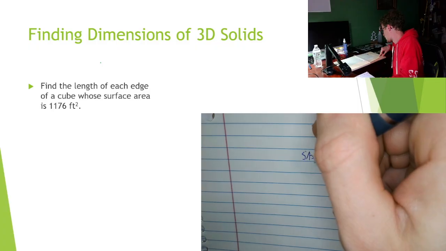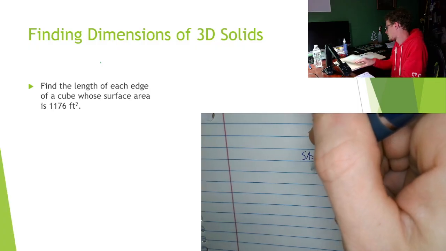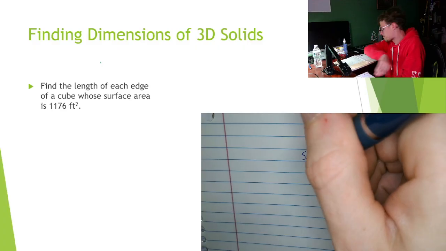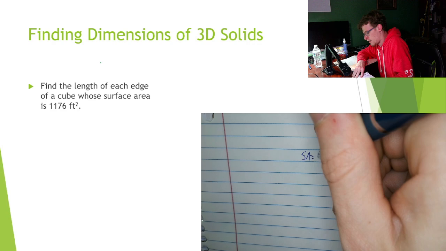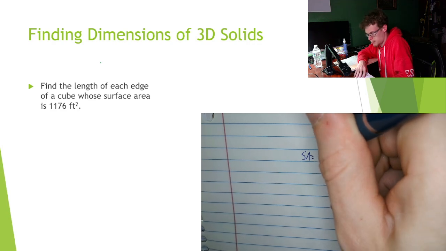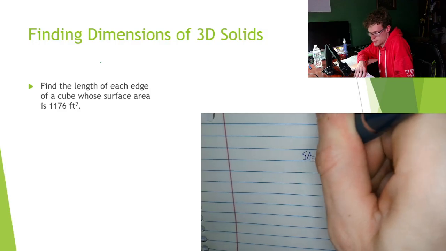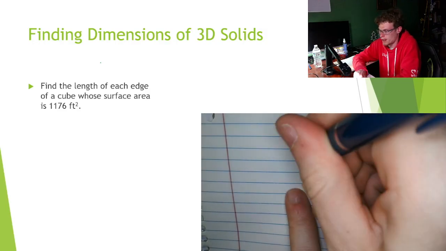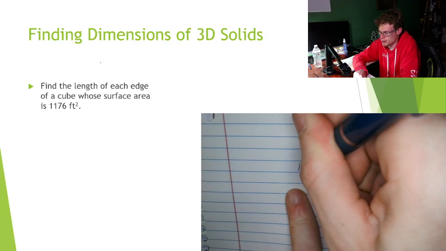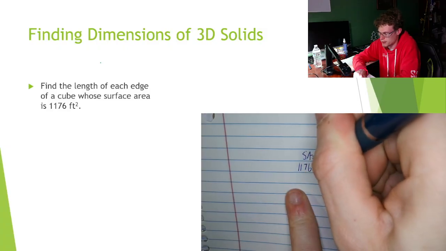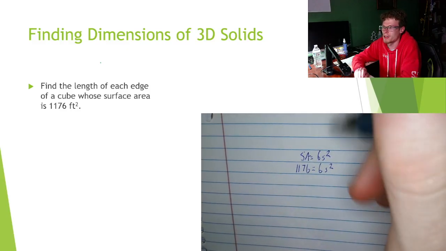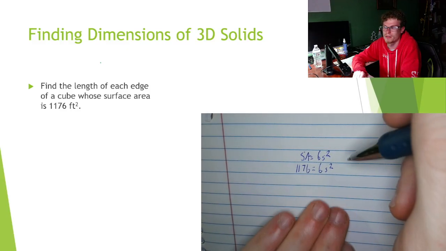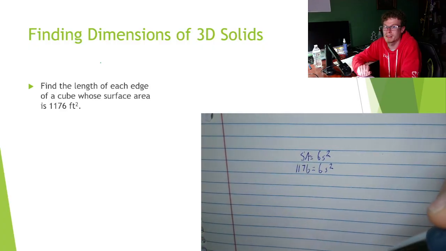Remember that the surface area of a cube is composed of 6 times side squared. 1176 equals 6s squared. So all you have to do is just plug it back in to the formula and then work backwards.